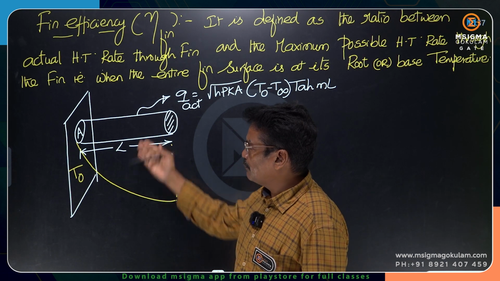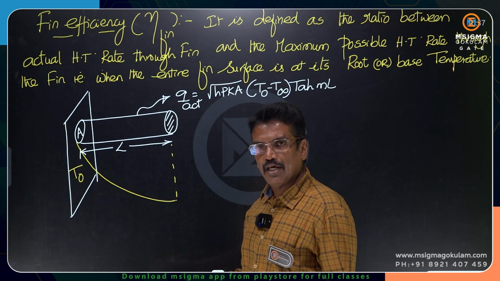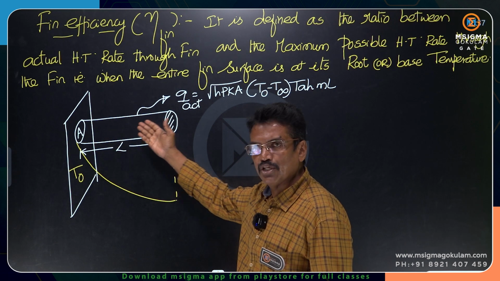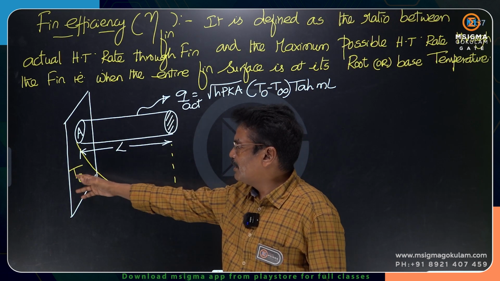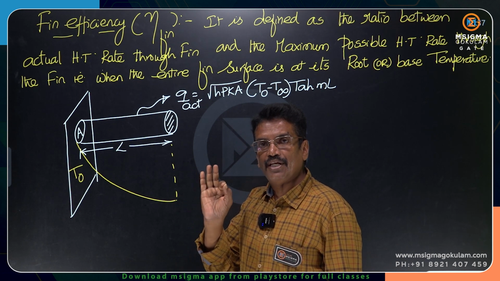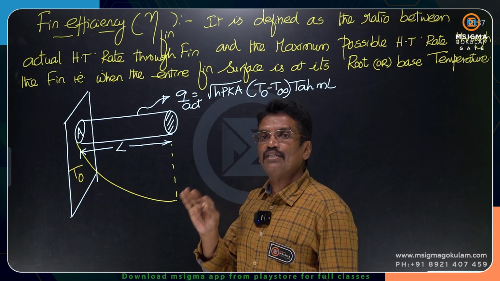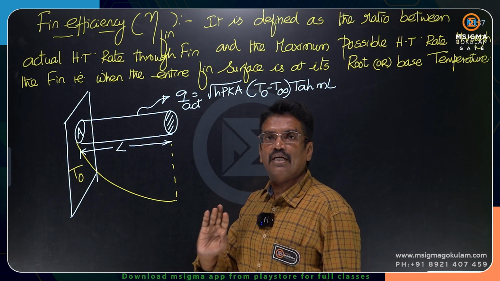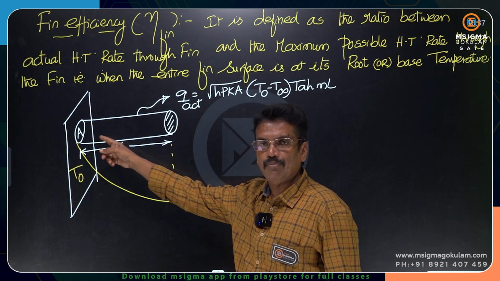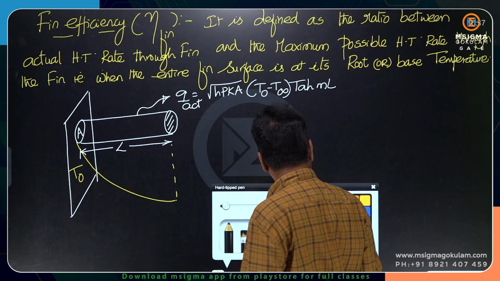Then there would not be any thermal resistance offered by the fin material, and therefore there will not be any temperature drop. The whole fin will be at the same temperature T0. So I will calculate that maximum possible also.